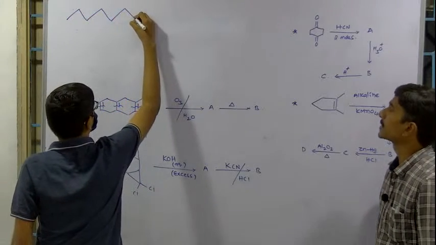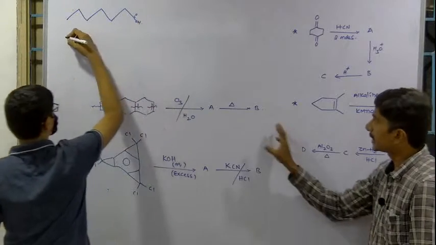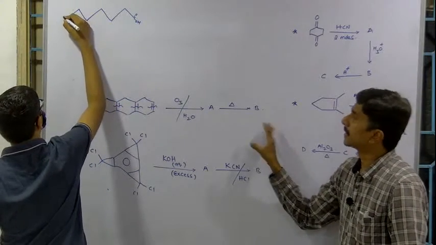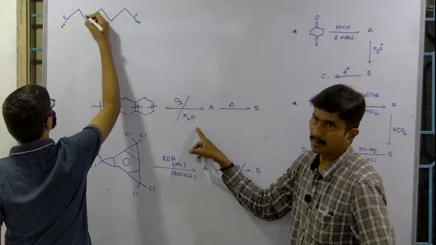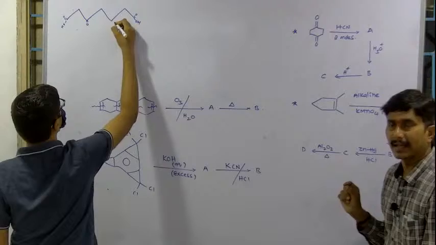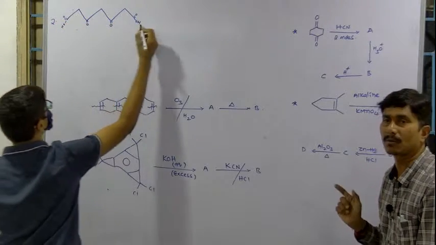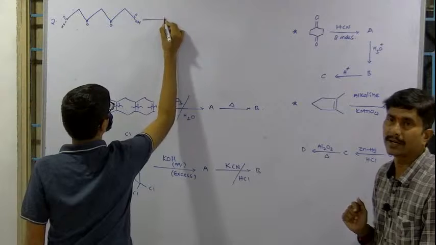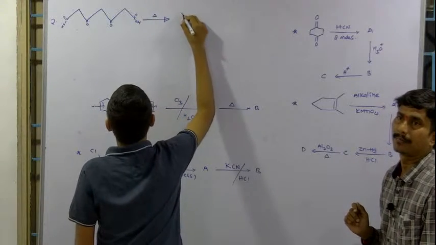So all of you check your answers. Heritage is writing the answers. Try this one, because it's the first-year concept of your ozonolysis reaction. In oxidative ozonolysis, if any alkene contains a vinylic hydrogen, that will be oxidized into carboxylic acid. If there is no hydrogen present, then it is converted into ketone.